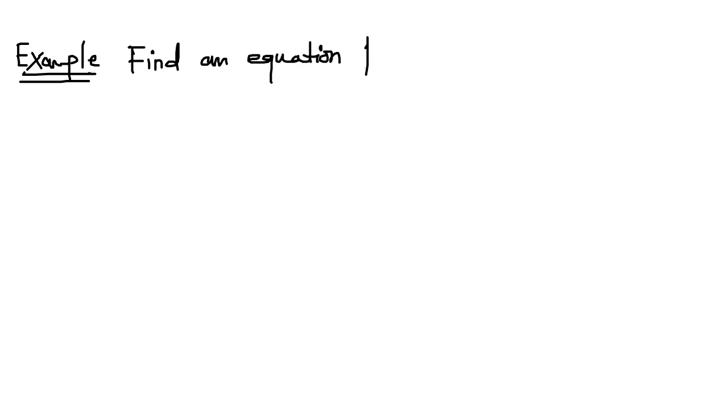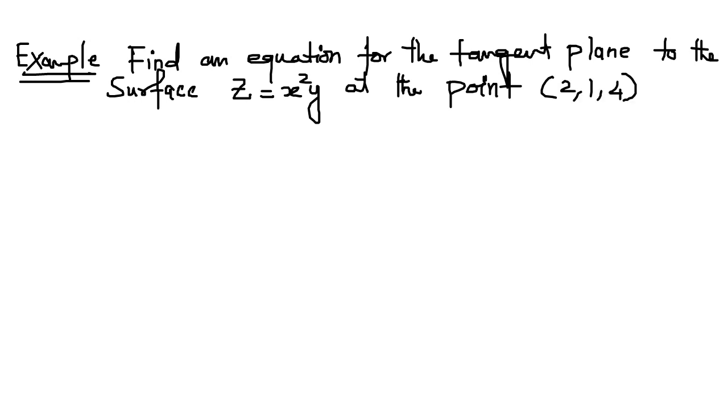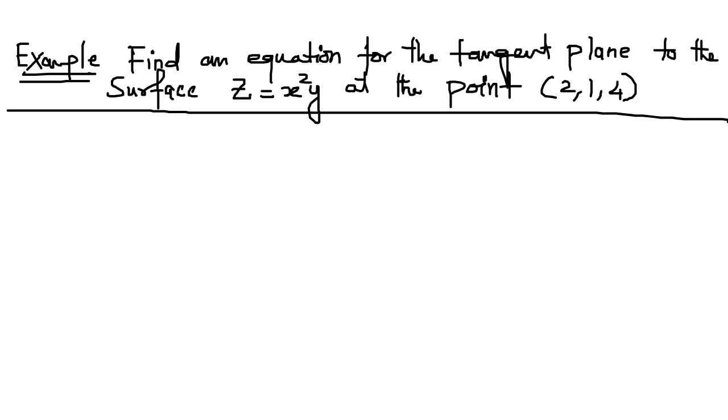Example: find an equation for the tangent plane to the surface z is equal to x square y at the point 2, 1 and 4. Okay, now we have to find the equation for this one.